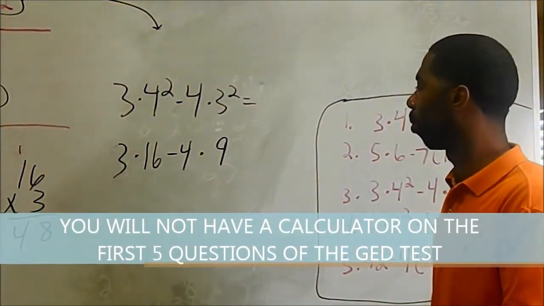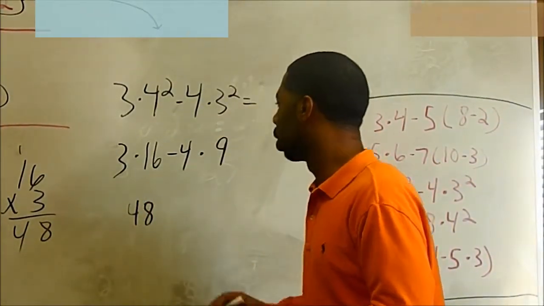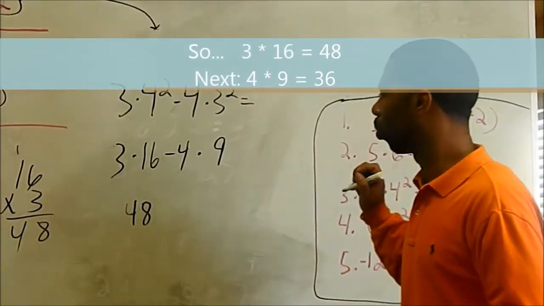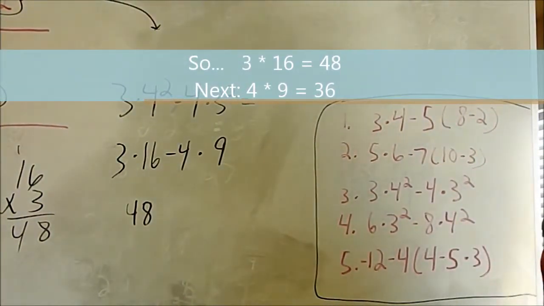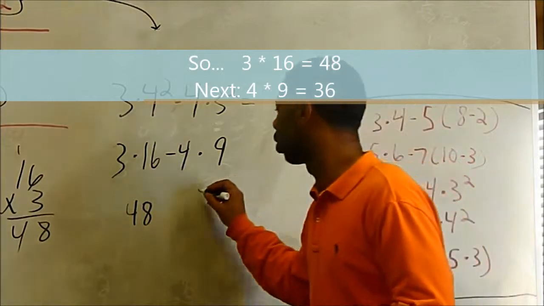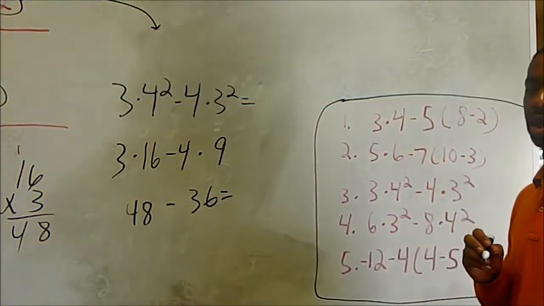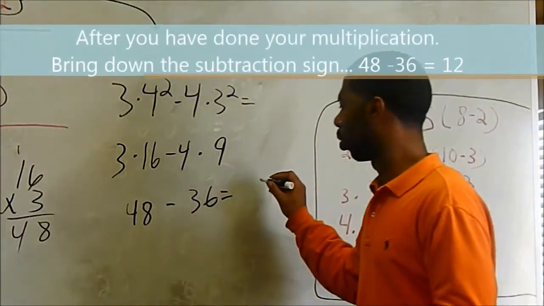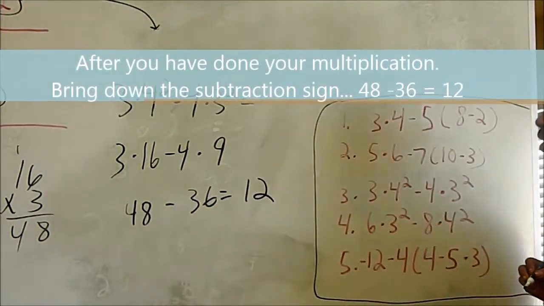Okay? So 3 times 16 is 48. And then, what do you do next? 4 times 9. And what's that? 36. Okay. So 48 minus 36 is what? 12. Good job. And that's our answer.